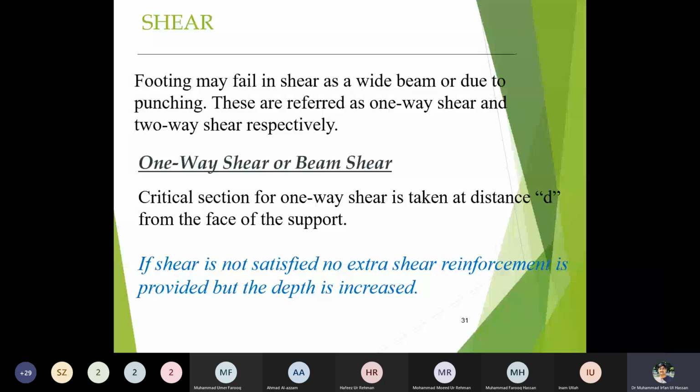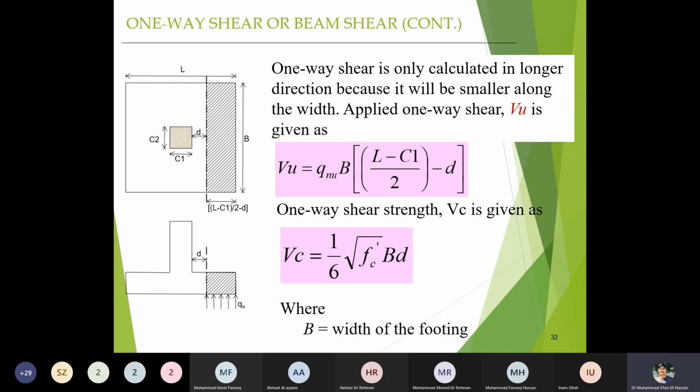If the shear is not satisfied for the foundation, there is no need to provide shear reinforcement, but you should revise the thickness of the footing. What is the one-way shear computation value? Again here in this slide, one-way shear is only calculated in the longer direction because it will be smaller along the width. It will be more along the length.